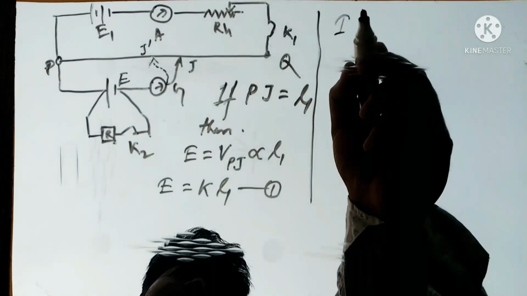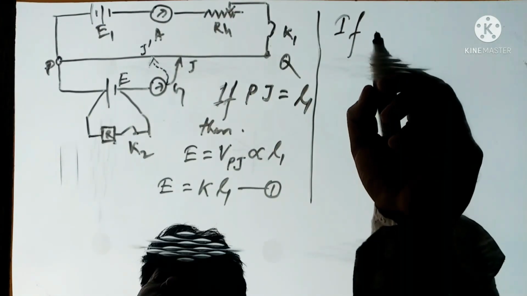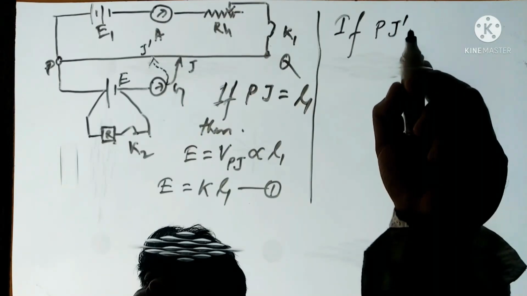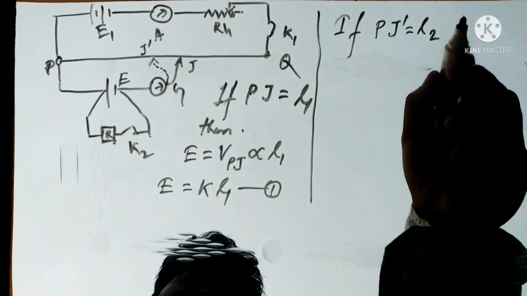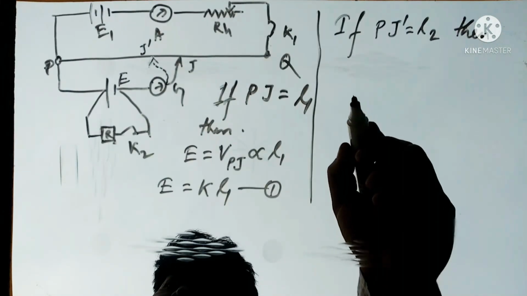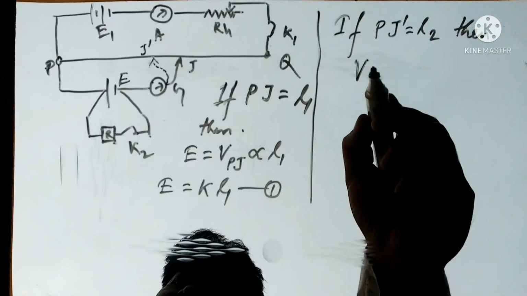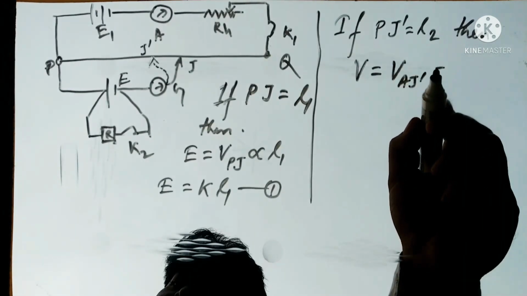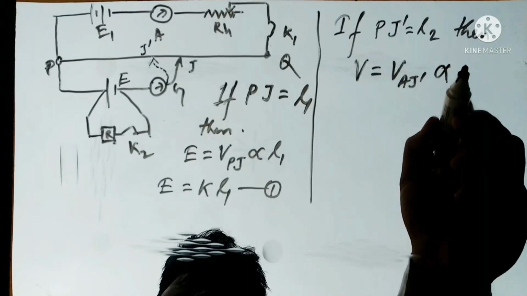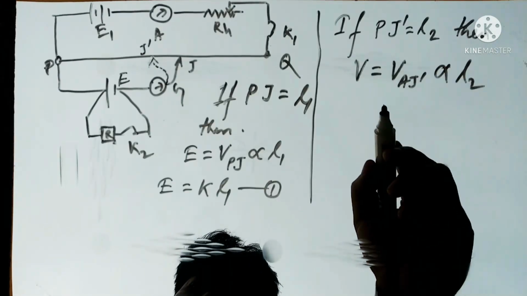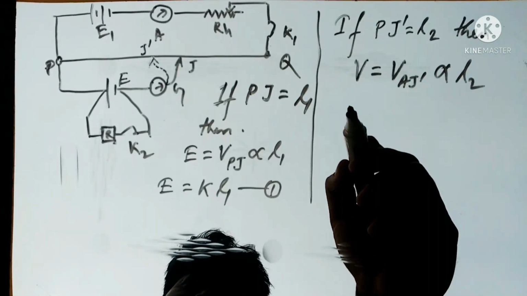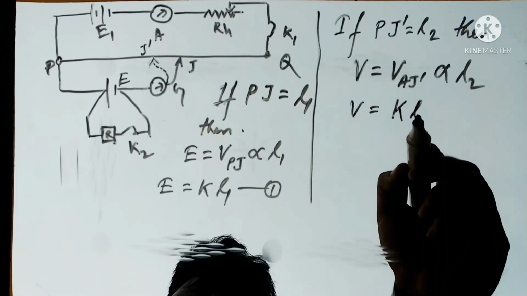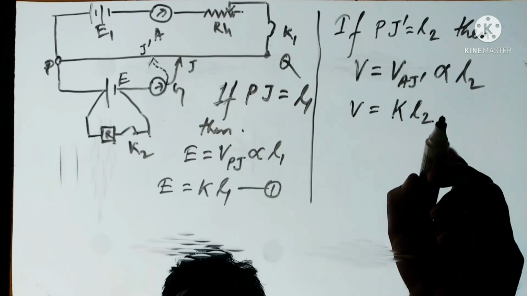Now in this situation we will get, if PJ dash is equal to L2, the length is L2, then V, which is PJ dash, is proportional to L2. Now V equals K, the constant, multiplied with L2.